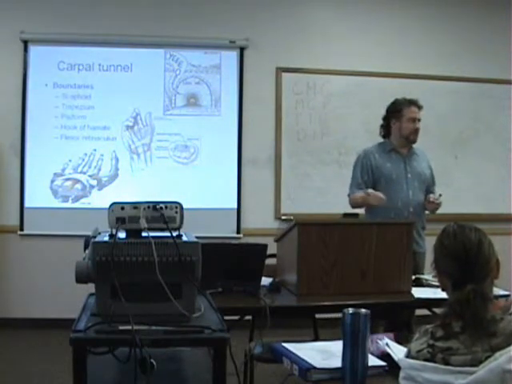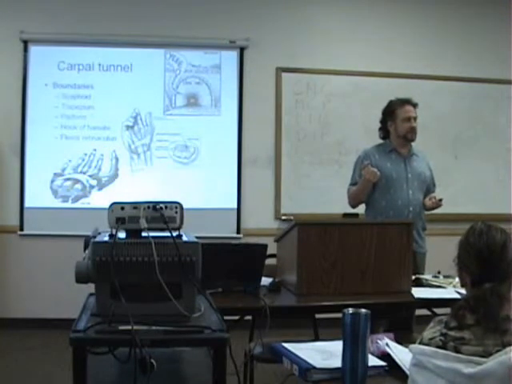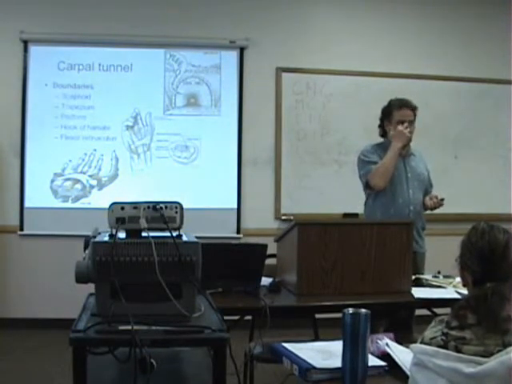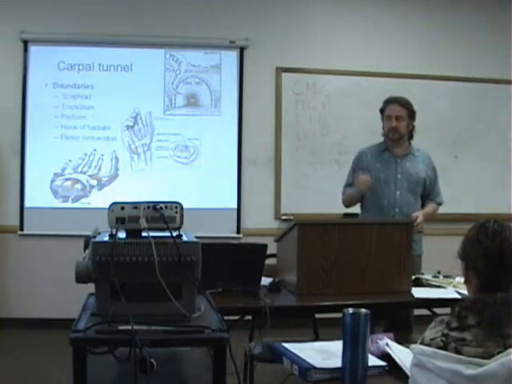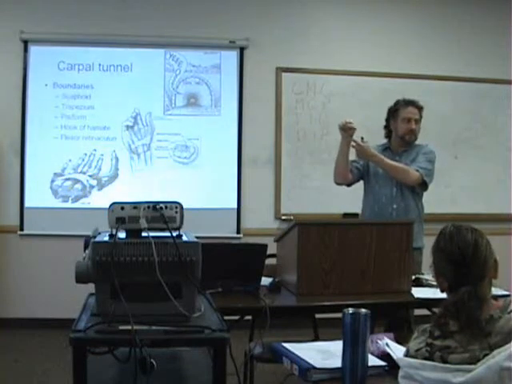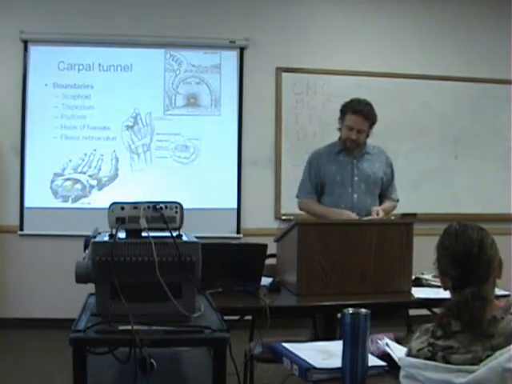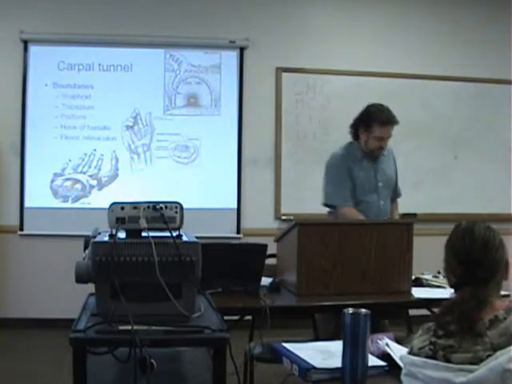Does anybody know what other flexor muscle is left out of that, that doesn't go through the carpal tunnel? Palmaris longus? Yeah, palmaris. That's like this one that you can see kind of sticks out more.